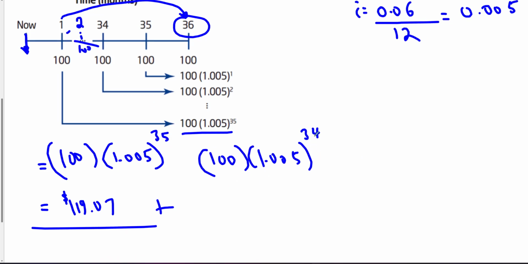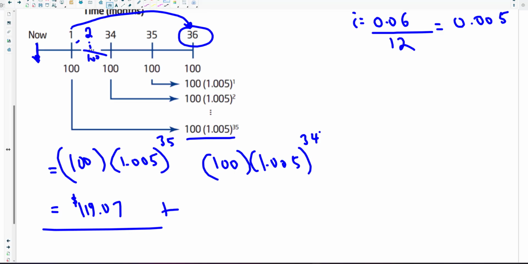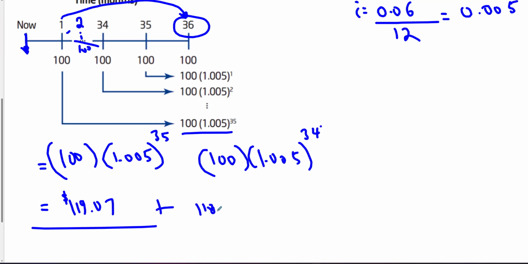So I'm going to do 1.005 to the power of 34, and then times that by 100. That's $118.48. So the difference between these two values is just 1 month of interest.